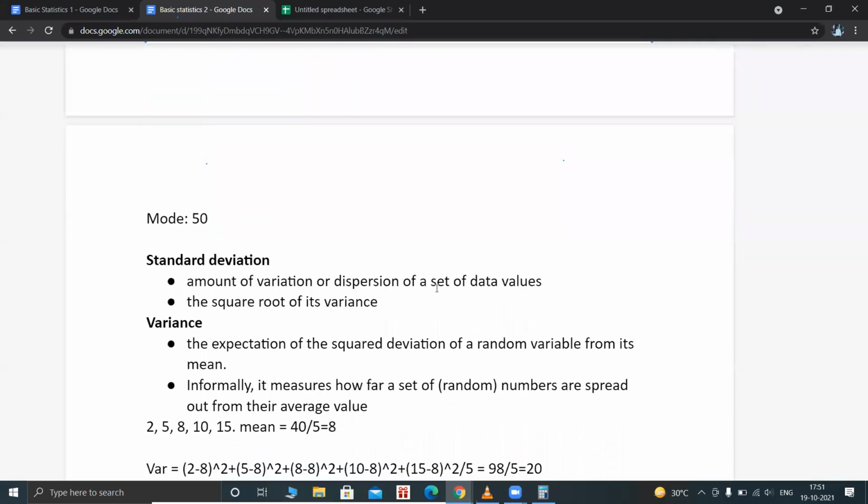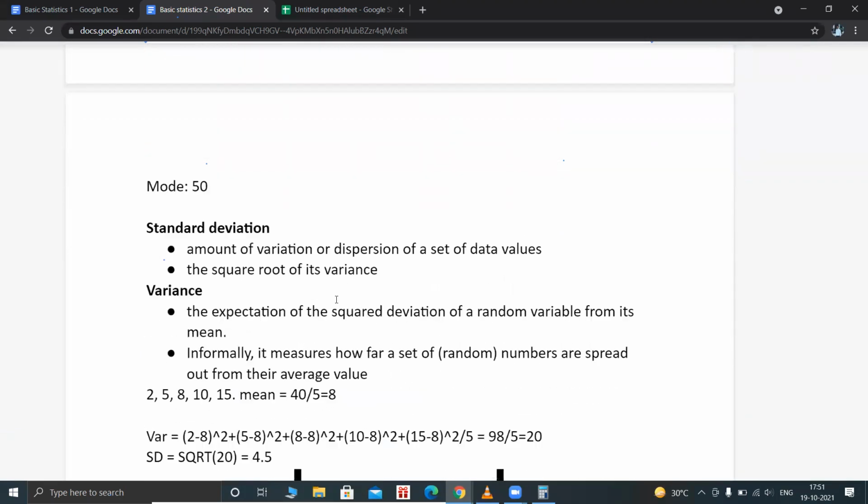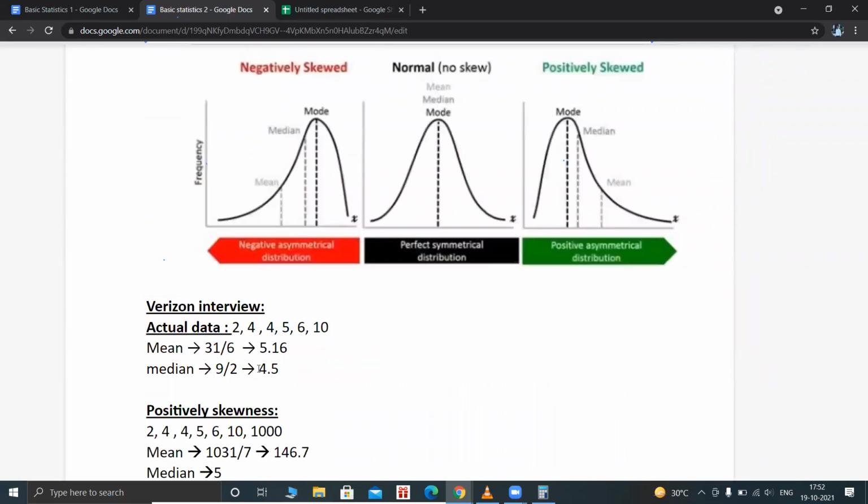Let me go back to the standard deviation and variance, right? Let me explain what exactly the variance is. See here, if I draw the mean for these data points, I got a mean of 5.16.